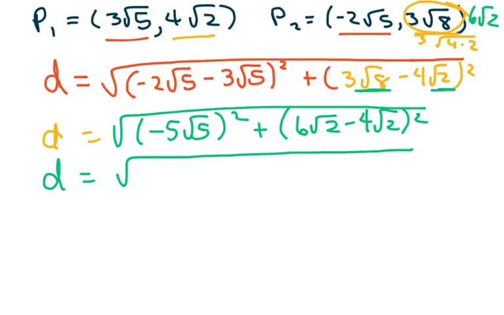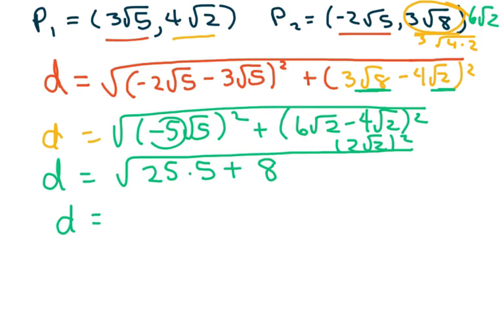And I get, I square this, that's 25 times 5, plus, this is 2 root 2 squared. So it's going to be 4 times 2, which is 8. All right? And then we get, which one is this one?